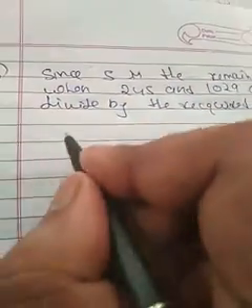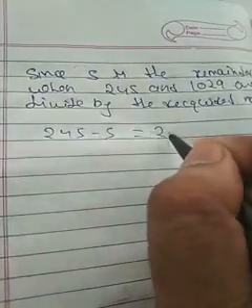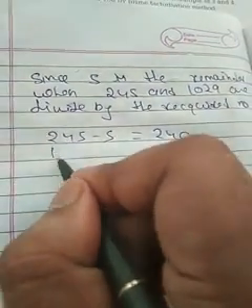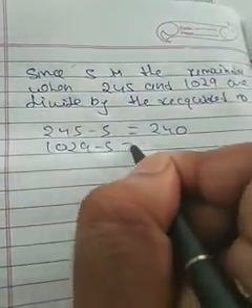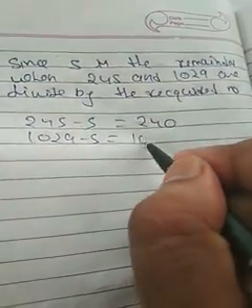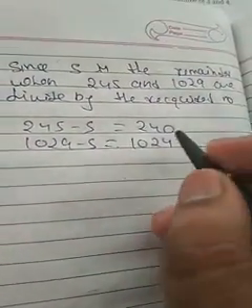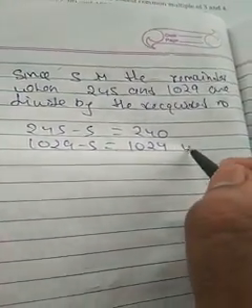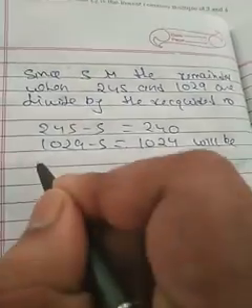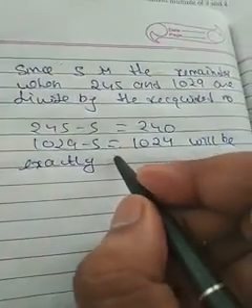now 245 minus 5 is equal to 240. Similarly, 1029 minus 5 is equal to 1024. Now these numbers will be exactly divisible by the required number.